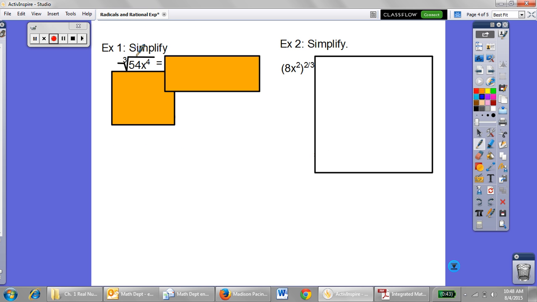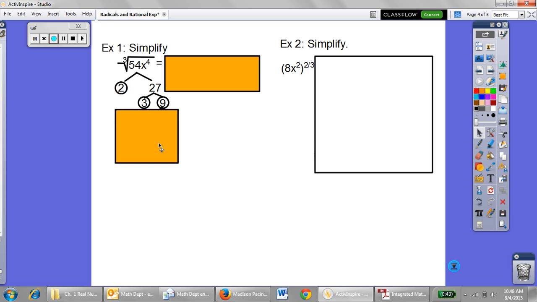So to simplify the cube root of 54x to the 4th, first, as always, we're going to break down 54. 54 is 2 times 27. Break down 27: 3 times 9, and 9 is 3 times 3. Circle the very end: 2, 3, 3, and 3.